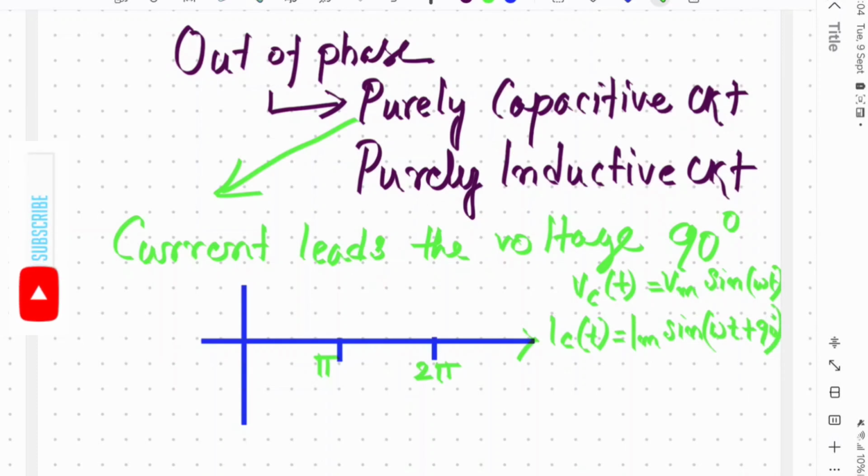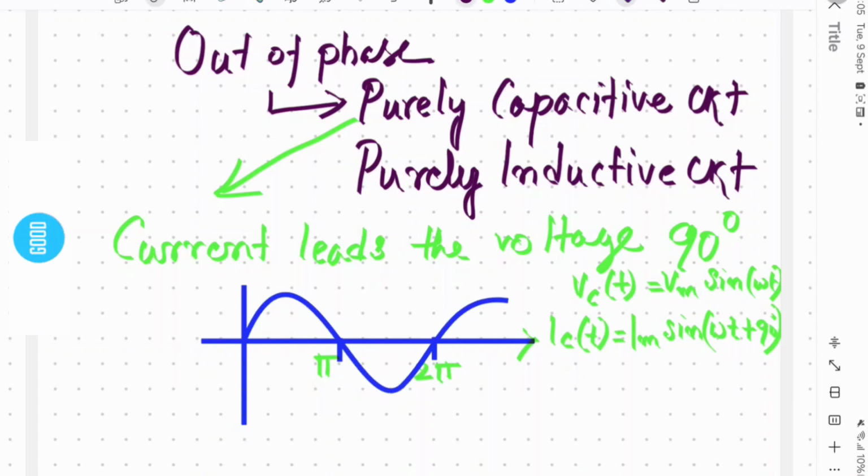From these two equations we can easily draw the waveform. First we'll draw the waveform for the voltage. So this is the voltage waveform. If we consider this is 90 degrees, we can draw it like this.